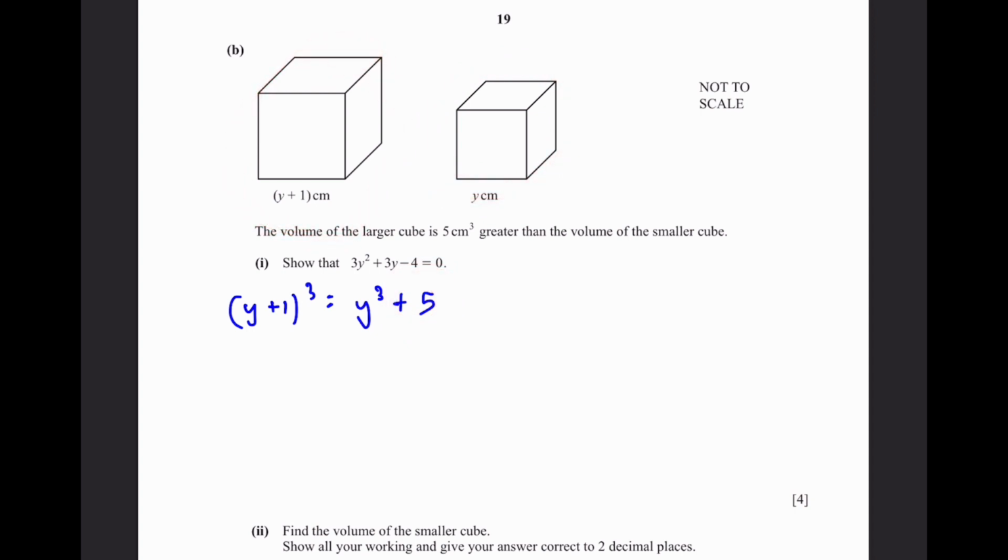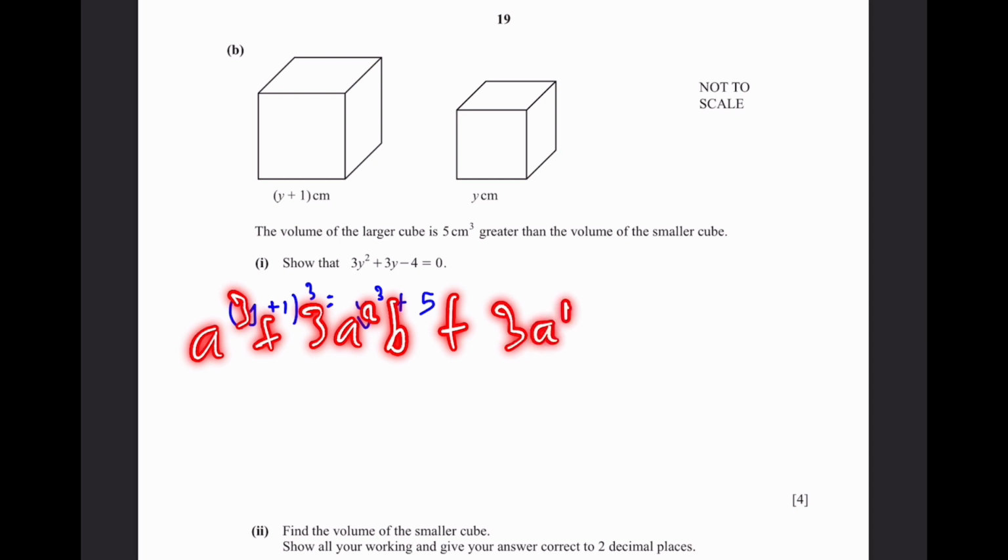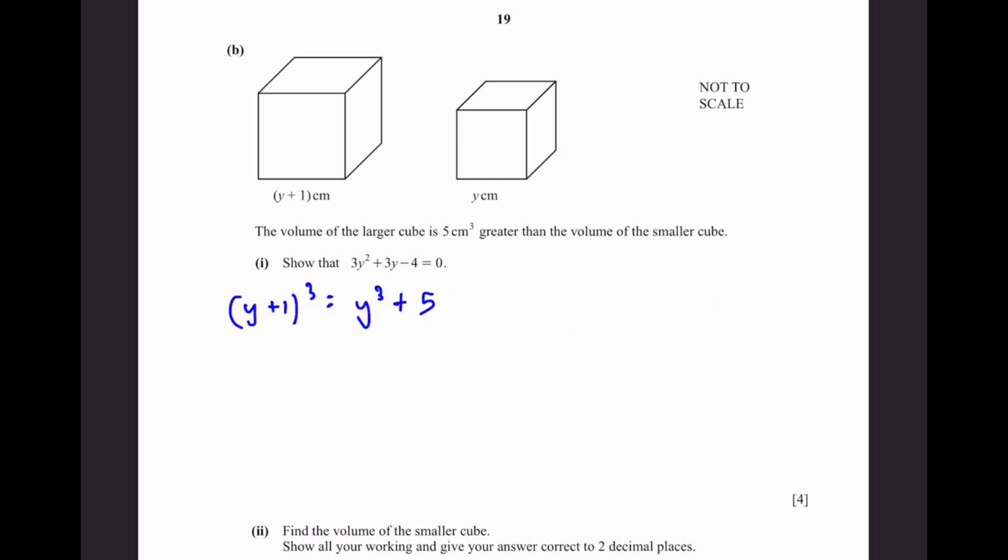So now what's the formula for a plus b, the whole cubed? It's a cubed plus 3a squared b plus 3ab squared plus b cubed. So we do that: y cubed plus 3y squared plus 3y plus 1.